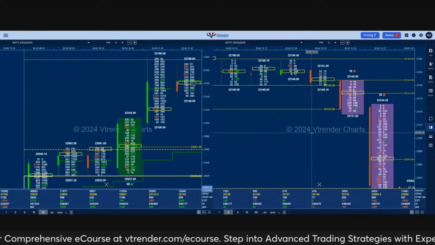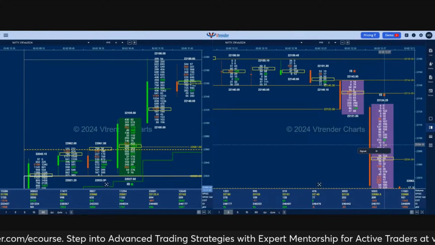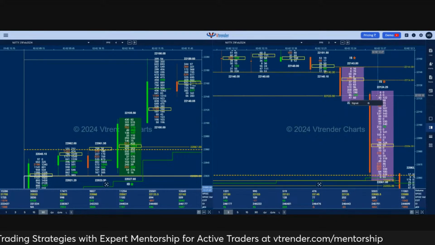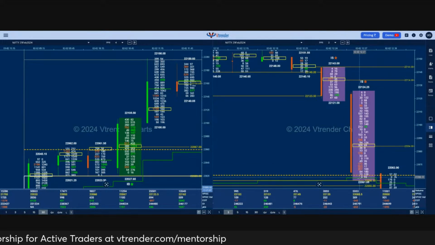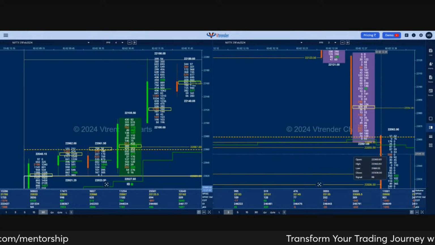The control has been shifted to the sellers. Immediately the next bar we got a 5,500 contract IS. Even if you are not short on this bar, this definitely changes the bias for the day, more so because it has come to the VWAP with an IS and broken below VWAP immediately.